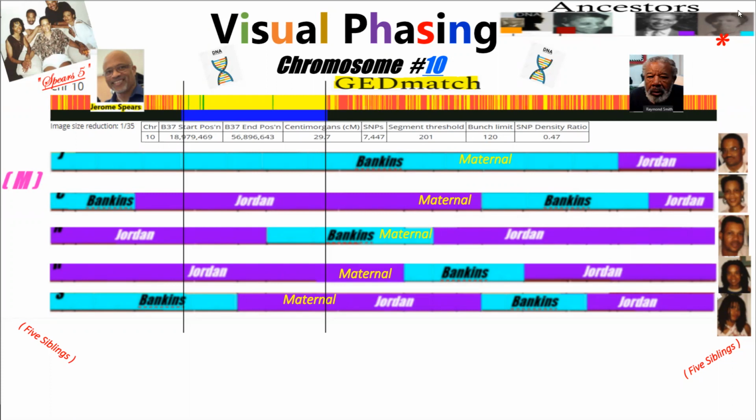Now, the other thing this allows me to do, because I'm looking at all of my siblings, is that they can help to validate some of the assessment. If in fact this is accurate, I'm looking at my sister Carolyn and my sister Renee. They should not match Raymond on chromosome 10 in this area because they're not getting Banken's DNA in this specific location.